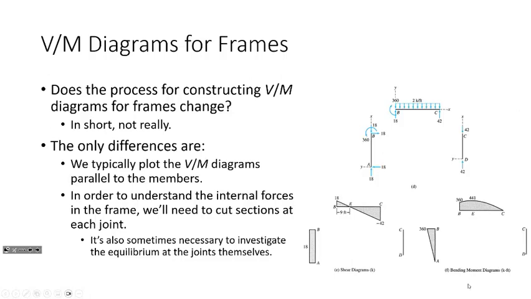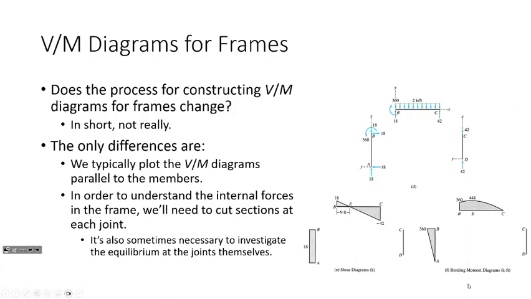And what we might do is a separate investigation just of that joint, to make sure that if we look at all the forces and moments at that joint, it's in equilibrium. We aren't going to have to do that for our frames. If you're using software to model a more complex frame, the software handles that for you as long as you've modeled it properly. That's usually not the biggest concern.